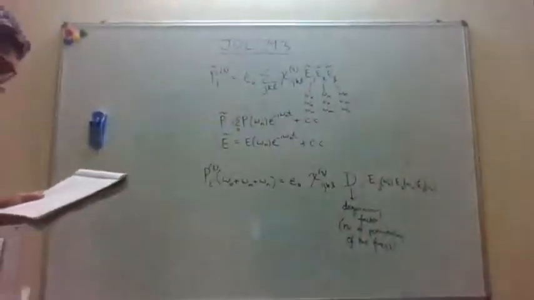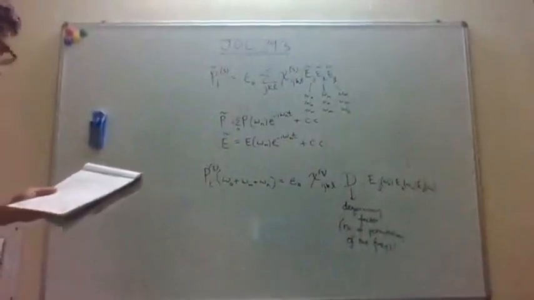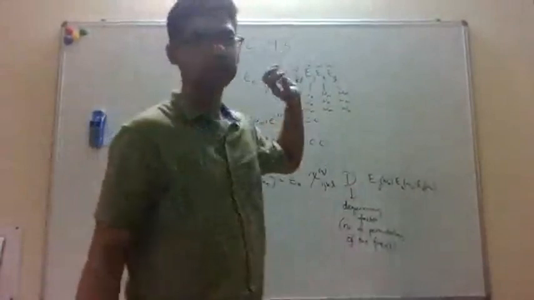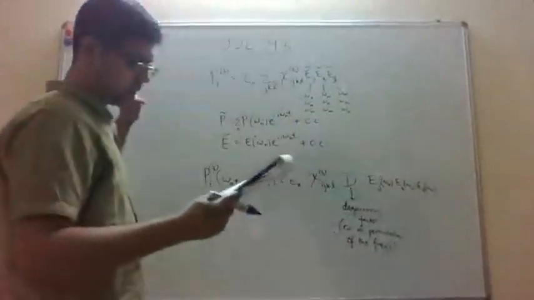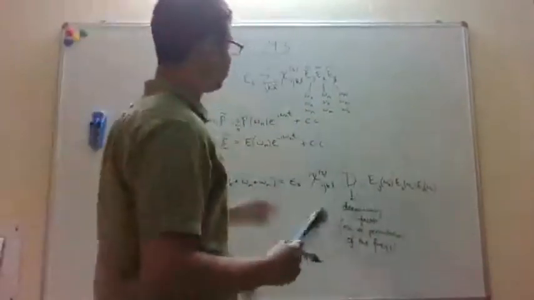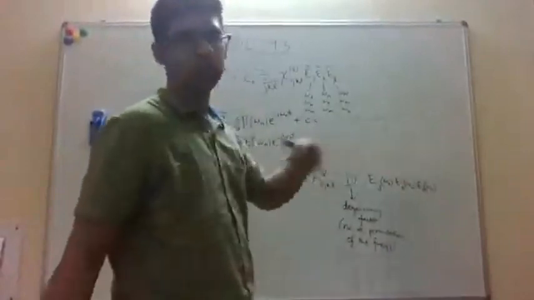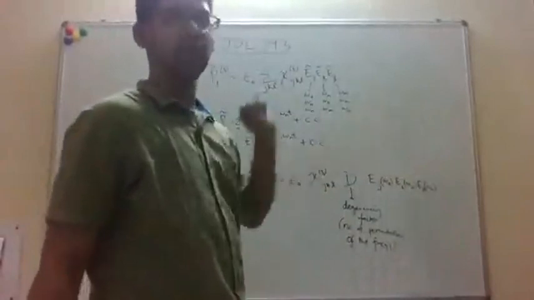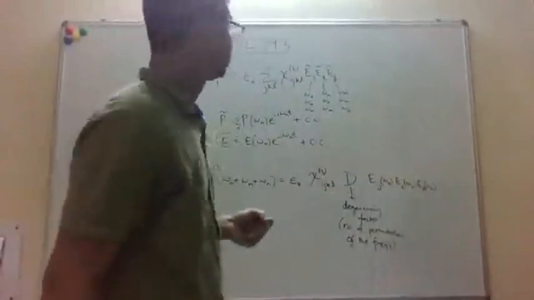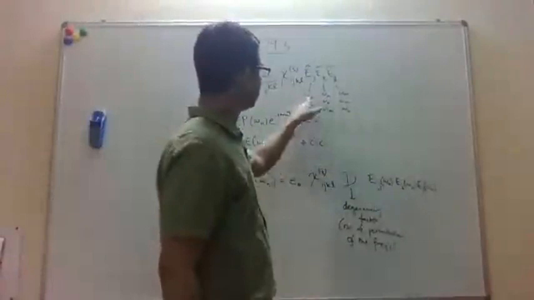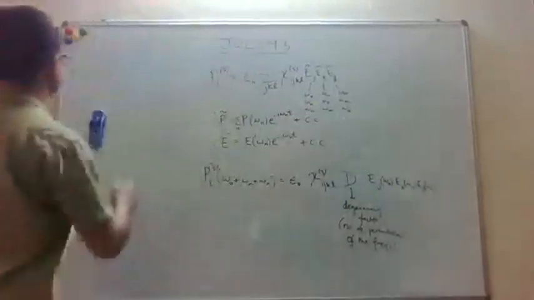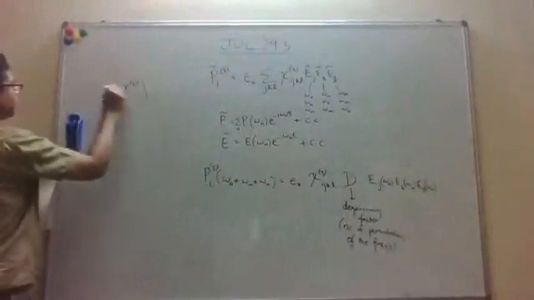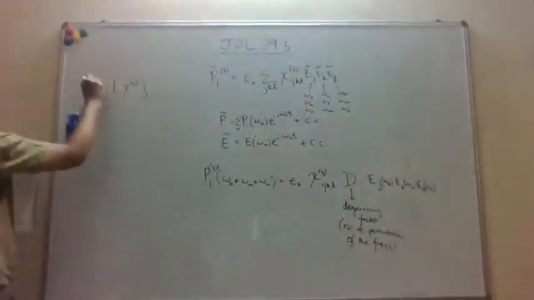To look at some examples, let's say I have only one input field, which means I have only one input frequency. So I just have a monochromatic wave at frequency omega entering my medium. There's only one frequency present, which means all these are equal. Let's say I have some medium here, and I have some laser beam entering with frequency omega.